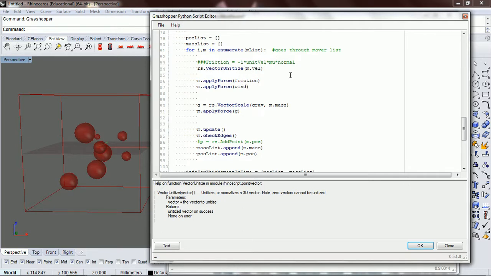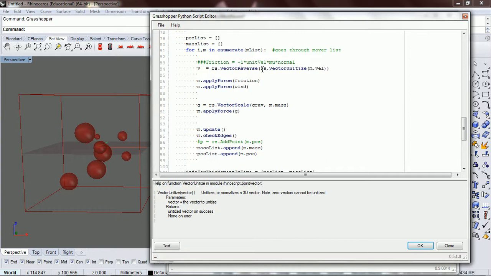And once we have the unit, we're going to pass that into rs dot vector reverse. And we're going to call that v.